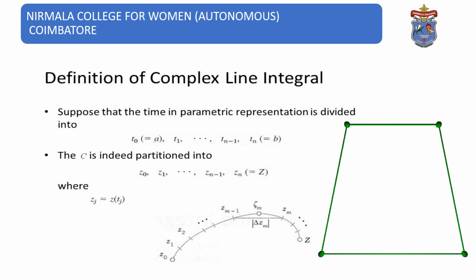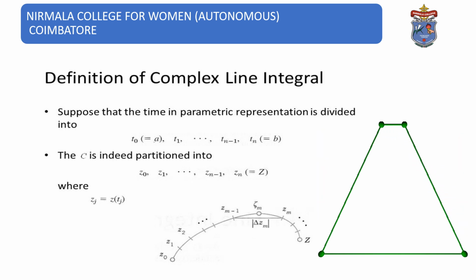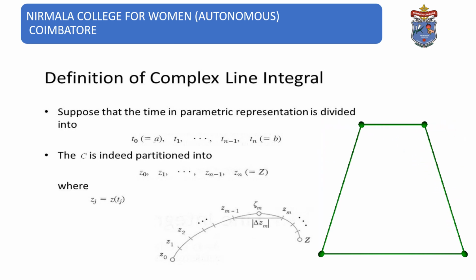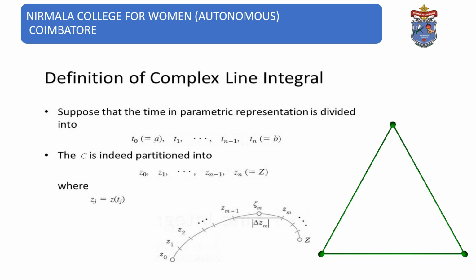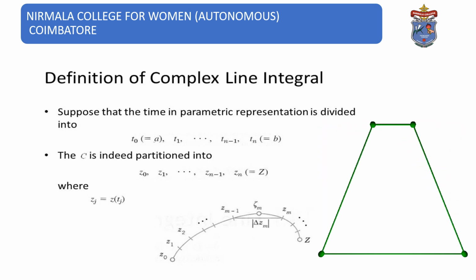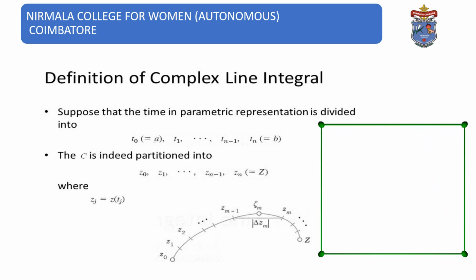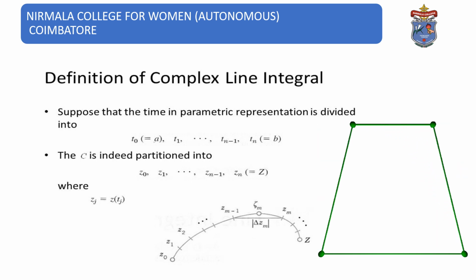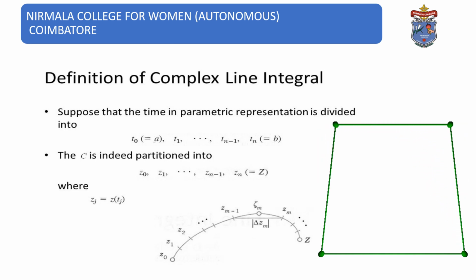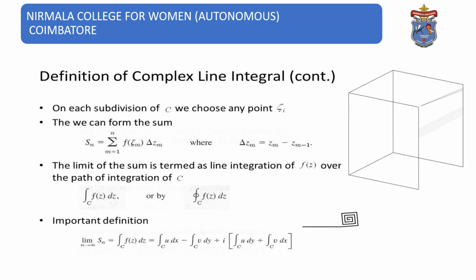Suppose the time in parametric representation is divided into n intervals as t0, t1, etc., till tn, where t0 is a and tn is b. Then C is indeed partitioned into z0, z1, etc., till zn. On each subdivision of C, we choose any point eta i, and we can form the sum Sn.